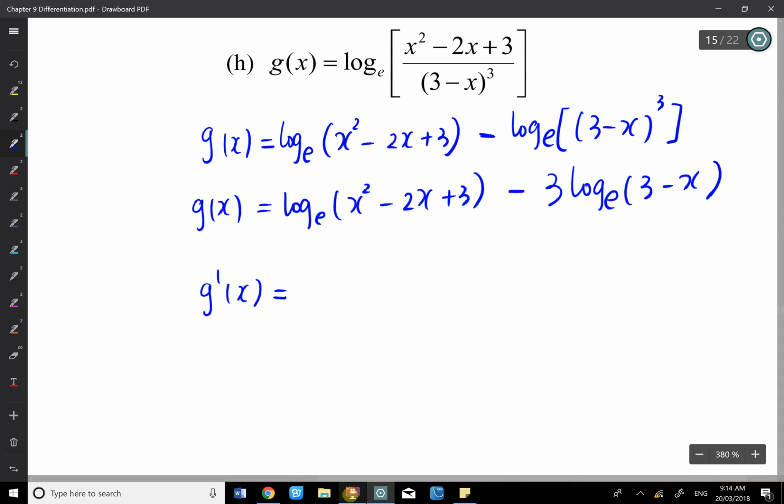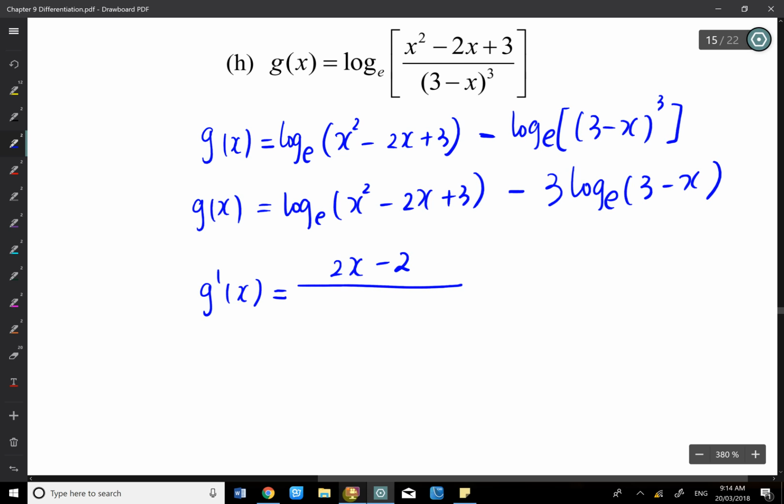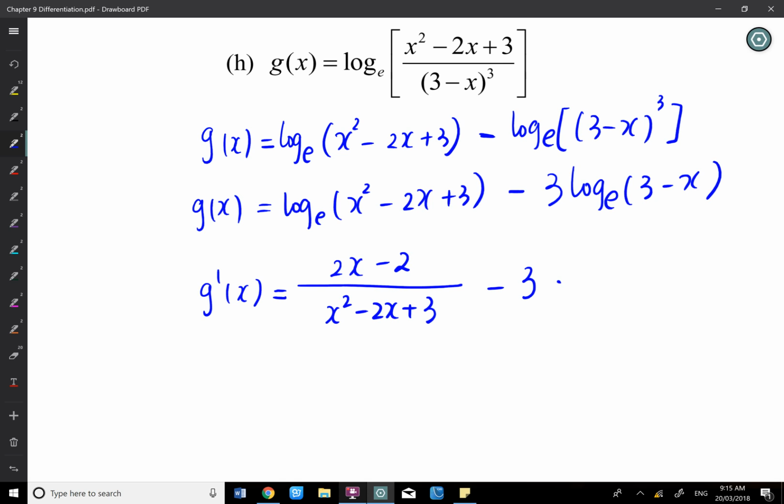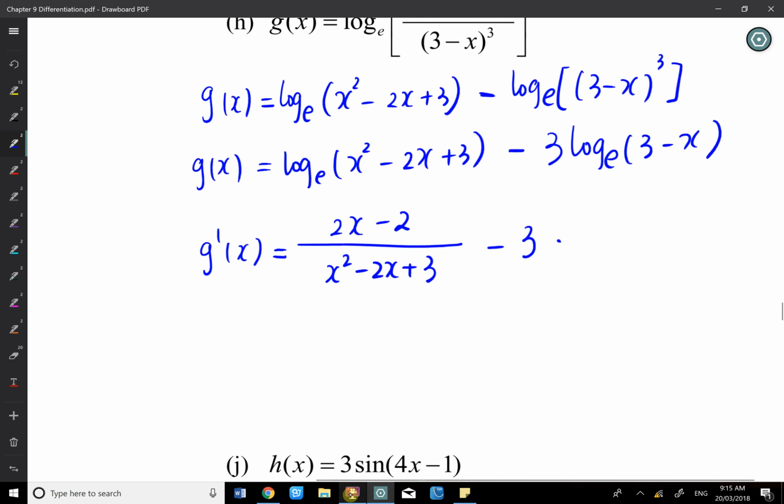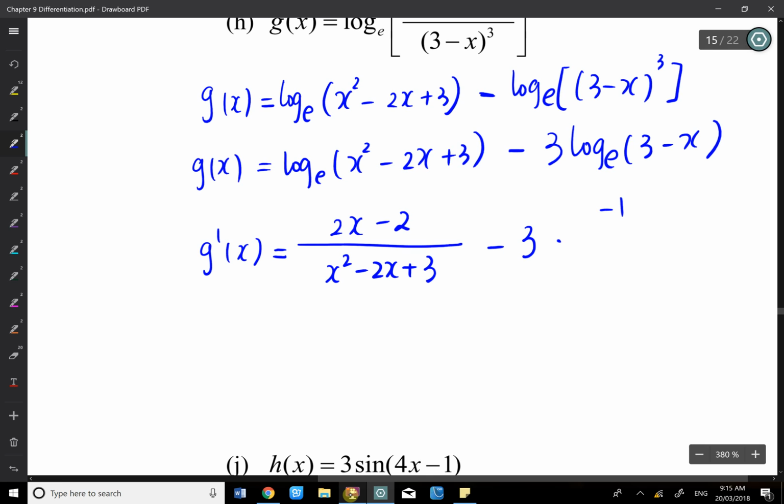Log e g(x), derive the inside: (2x minus 2) over (x squared minus 2x plus 3), minus 3 times, what's the derivative of log e (3 minus x)? Negative 1 over (3 minus x).